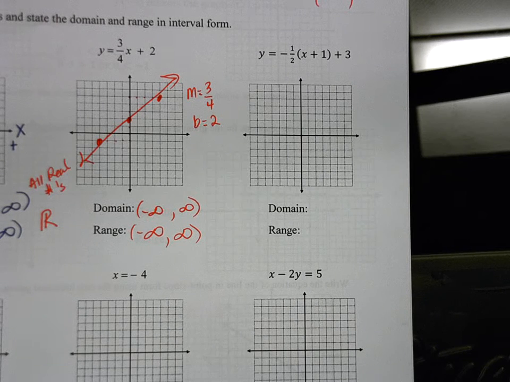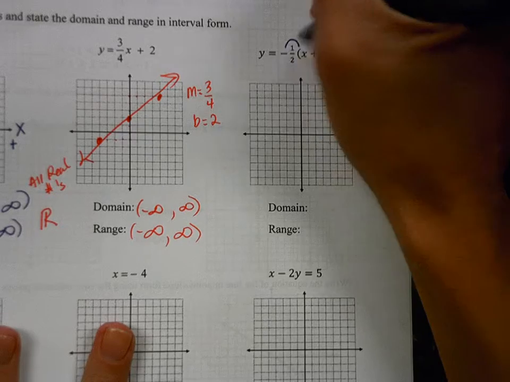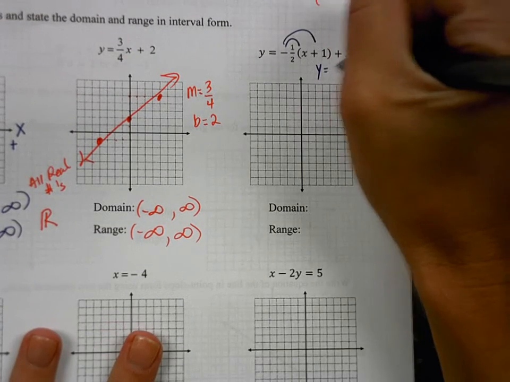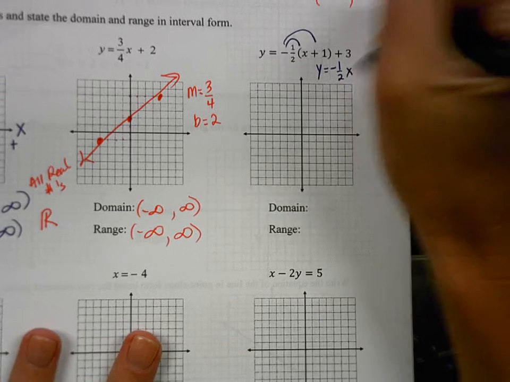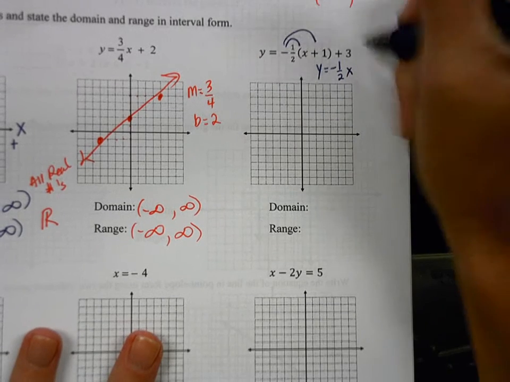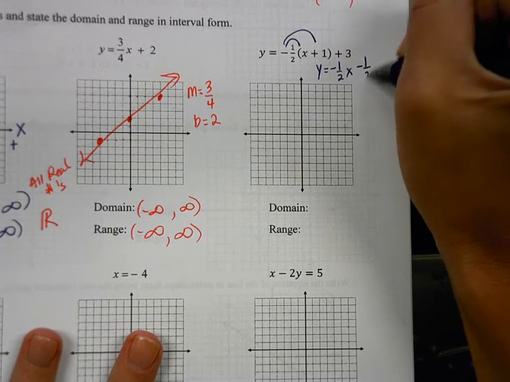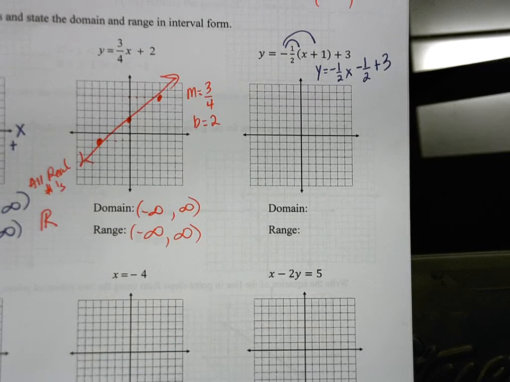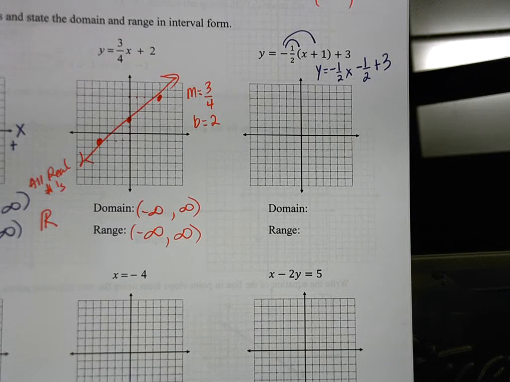Very good. Distribute. So we're going to multiply negative 1/2 through here. And I get y equals negative 1/2 x. And negative 1/2 times 1 is negative 1/2. And then I have plus 3. Negative 1/2 plus 3. You have a fraction and a whole number. Some of you may be able to do this in your head, I think.